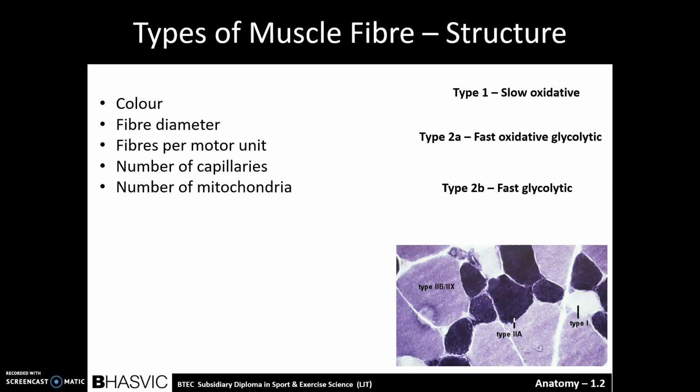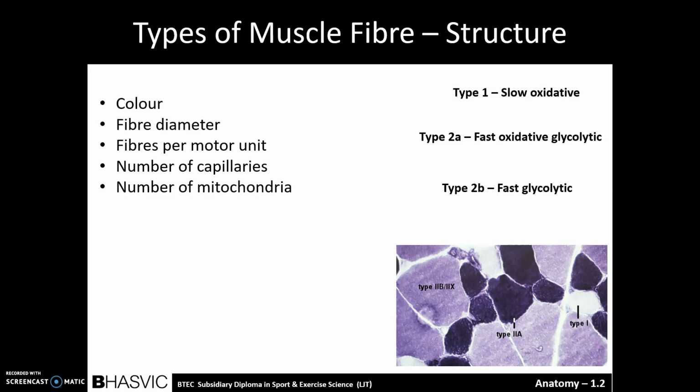The number of mitochondria. Obviously the slow oxidative muscle fibers would have the most mitochondria in them, as the mitochondria contribute to ATP production, and that can be done via fats, glucose, or amino acids.